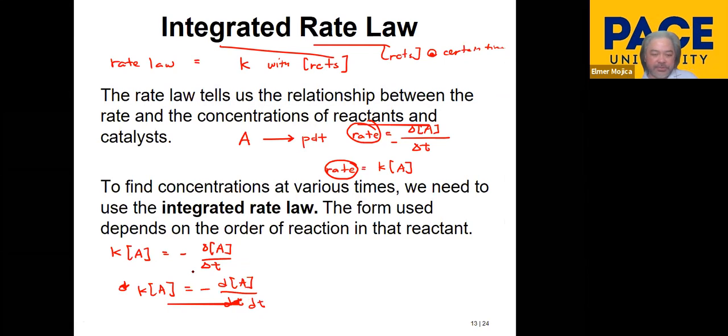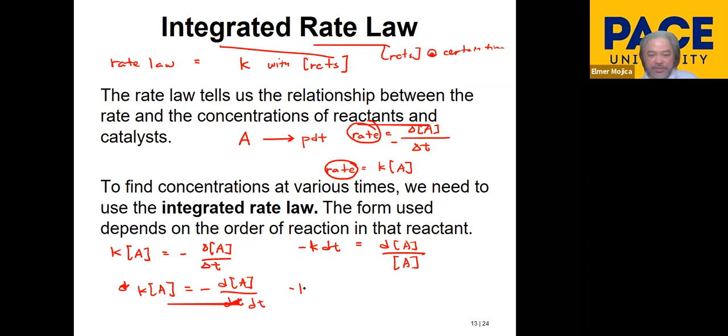And what do we learn from math? We can combine all of this so-called A on one side. So I have negative k dt, and on one side I have d[A] over A. And what will happen here if we do an integration?